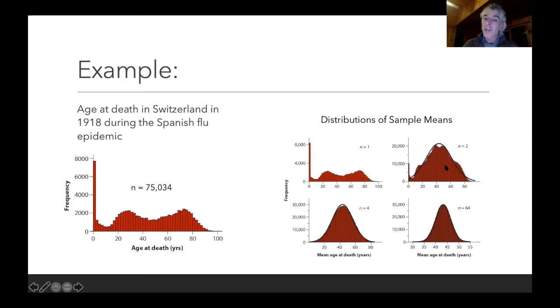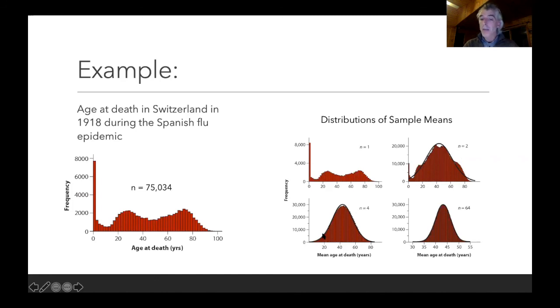But as soon as we increase our sample size to 2, we're starting to get now a sampling distribution where each value represents the mean of these 2 observations randomly pulled from this distribution. And we're starting to get kind of a normal-like sampling distribution.